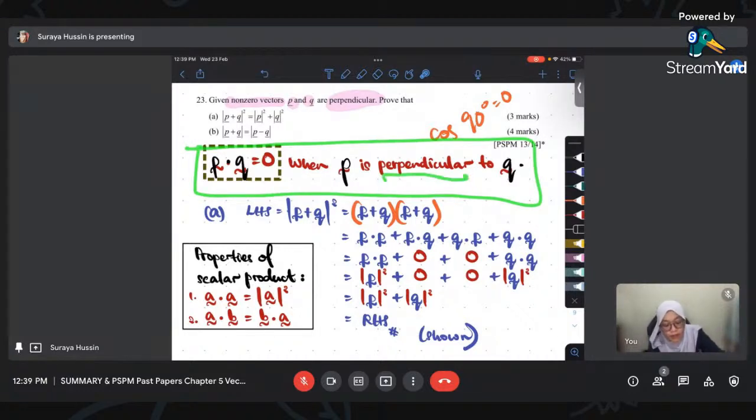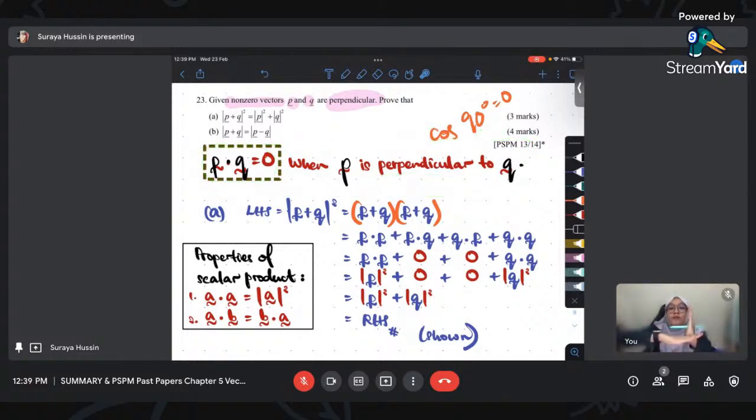Sebab perpendicular bermaksud 90 degree. So cos 90 degree is 0. Jadinya scalar product P dot Q is always going to be equal to 0 apabila P is perpendicular to the Q vector. Okay, so now back to here, sorry.